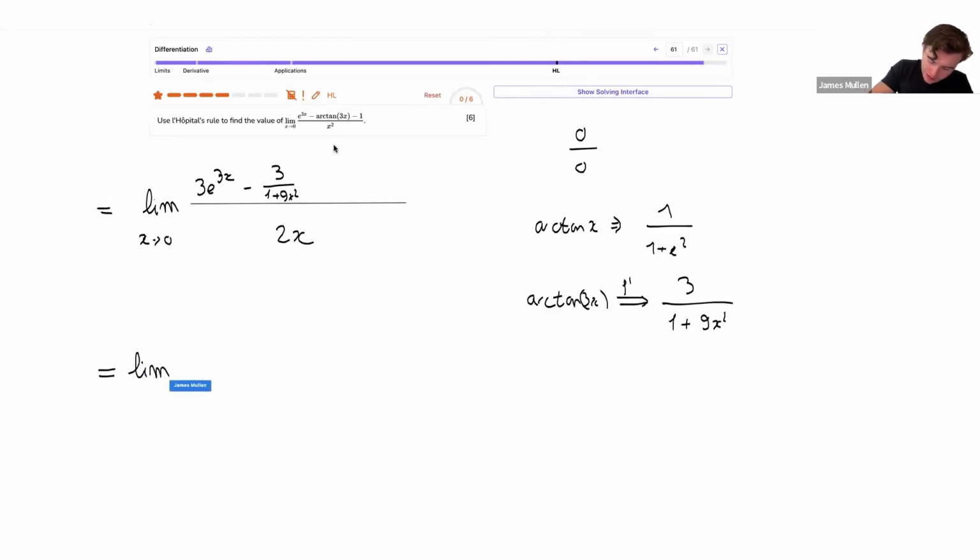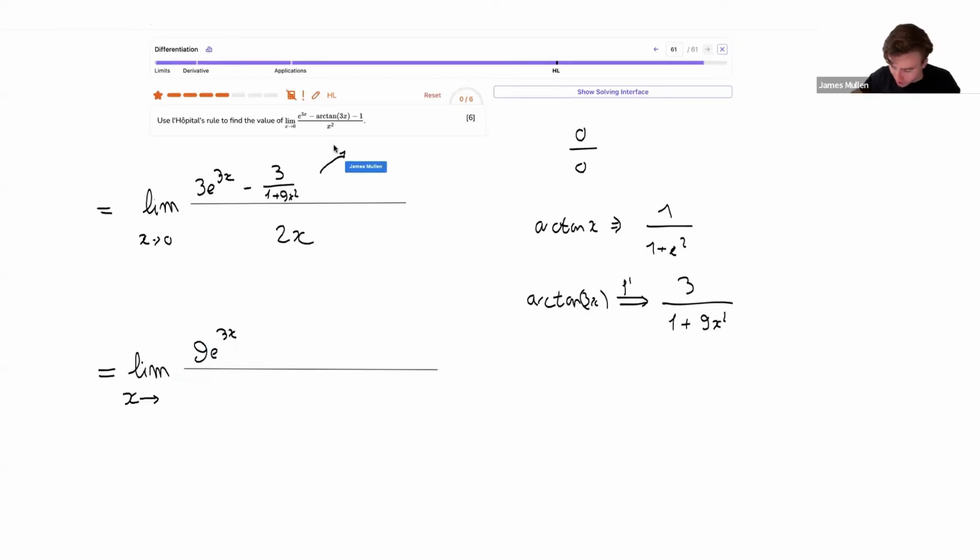Let's do it again. The derivative of 3e to the 3x is now 9e to the 3x. So I have 9 e to the 3x. And I'll write this piece here, it's going to be clearer as 3 times 1 plus 9x squared to the minus 1.